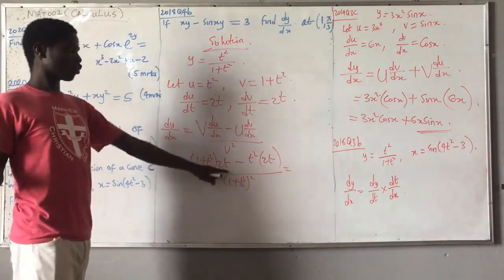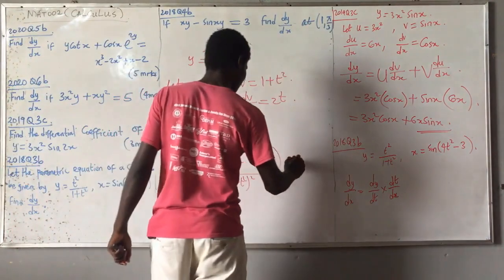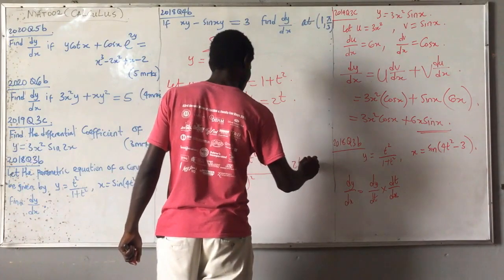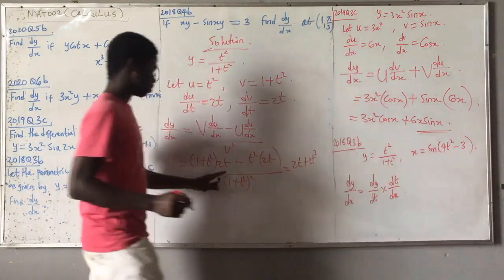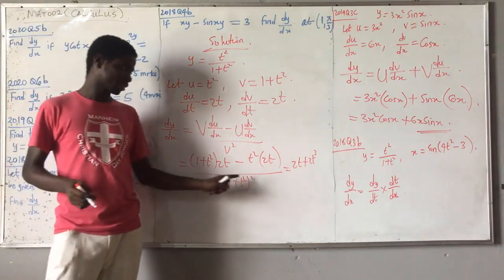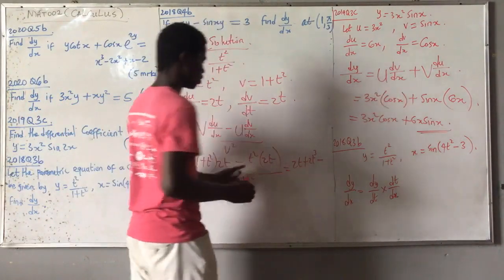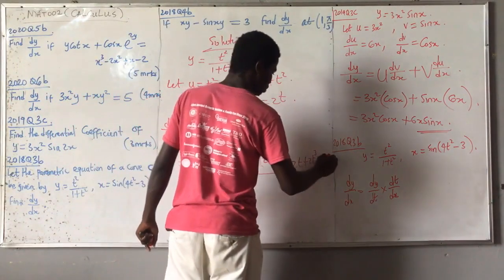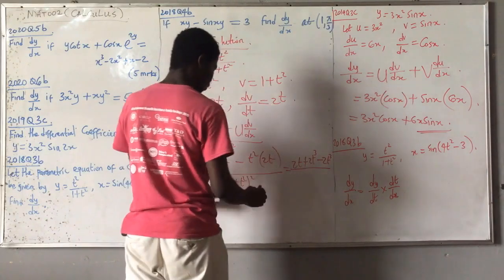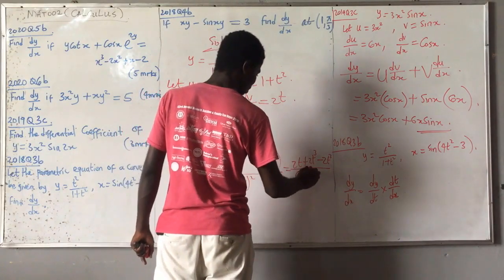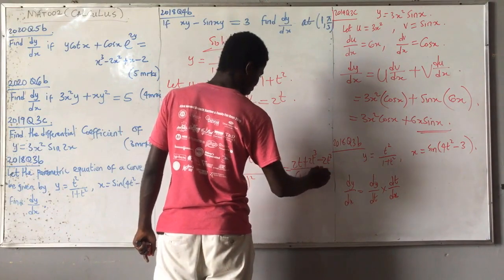So what will happen after that? Open this bracket. This one will be 2t plus 2t cubed: 2t times 1 is 2t, 2t times t squared is 2t cubed, minus t squared times 2t, 2t cubed, all over 1 plus t squared all squared.